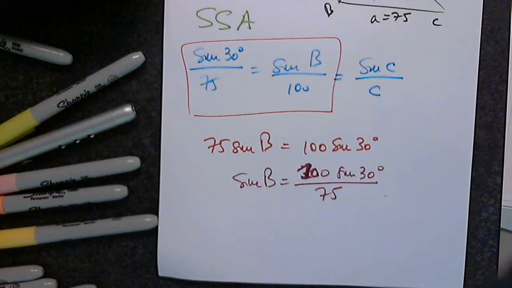Exactly. So 100 multiplied by sine 30, close the parenthesis, divided by 75, close the parenthesis. Of course, 75. I don't know why I wrote sine.